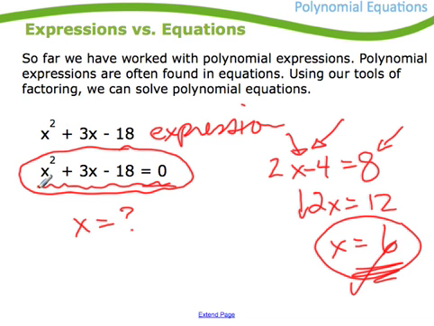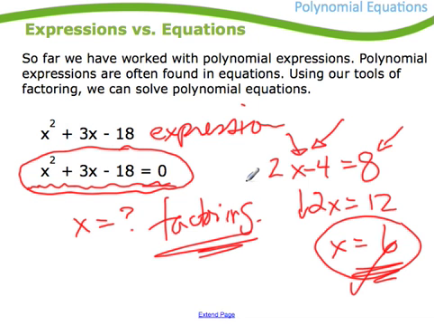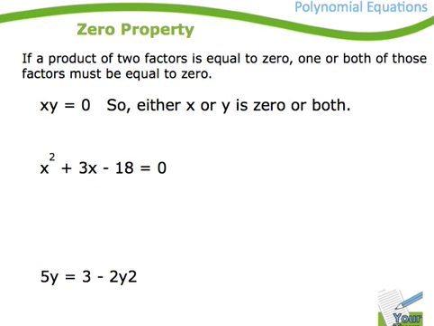The tool that we use in order to solve quadratic equations is, yes, you guessed it, factoring. So what we're going to do is factor, and then we'll use another rule that helps us figure out what the x's are. Okay, and here's what that other rule is.